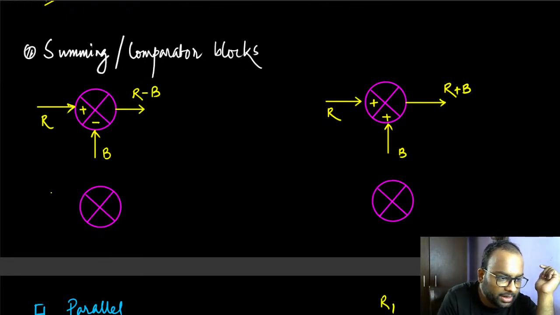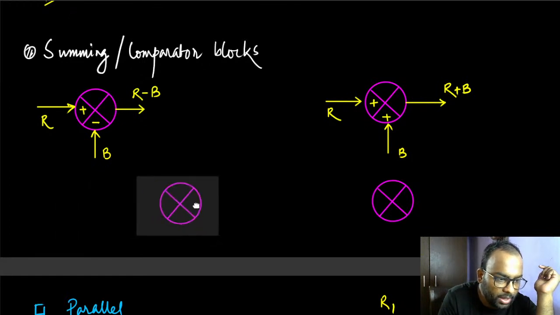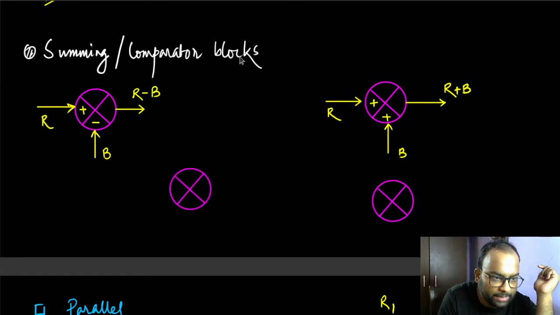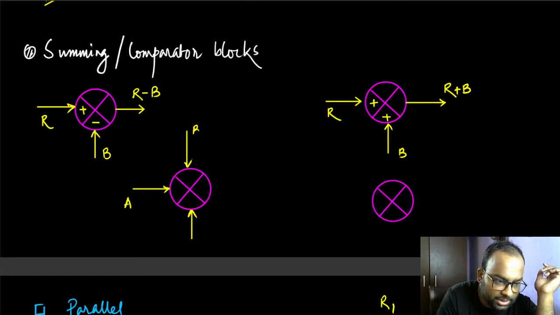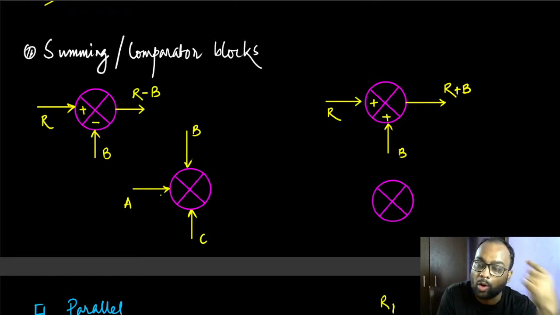Similarly, in some other convention, you can use up any of the blocks. For example, I am getting one signal here, another signal here, and another signal here. It could take multiple signals. Let's call this signal A, this signal B, and this signal C. Once again, keep in mind, all these things are Laplace or Fourier transformed.